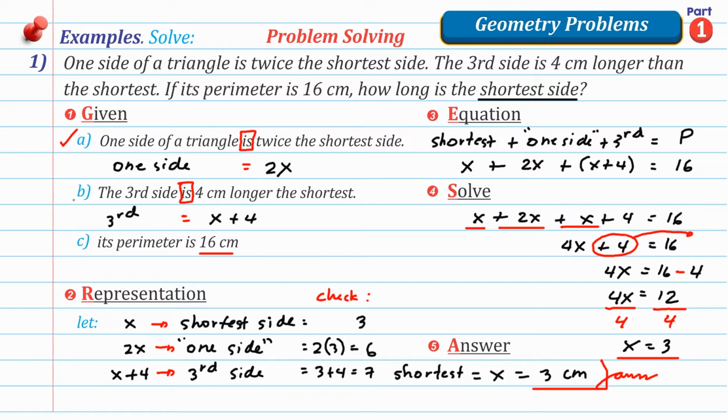Of course. Therefore, our second given is checked. And finally, the last given, just to make sure our answer is correct, is the perimeter equal to 16? Adding all of these, 3 plus 6 is 9, plus 7, 16. That means the perimeter is really 16 centimeters. All of these, check. Therefore, our answer must be correct.